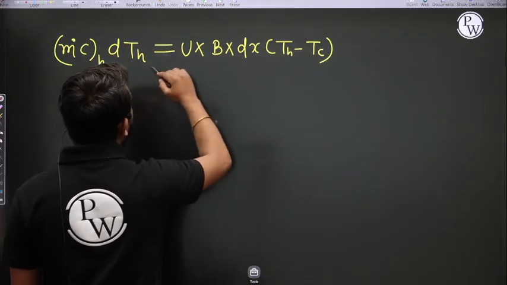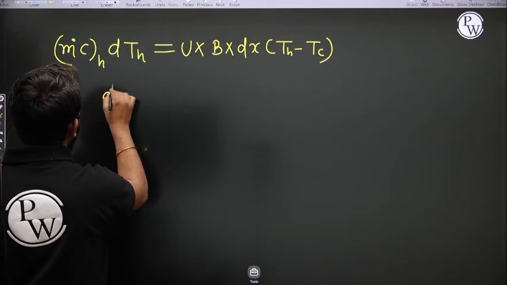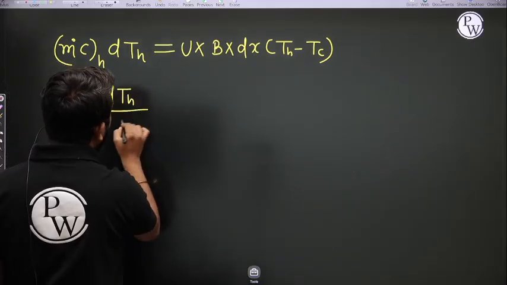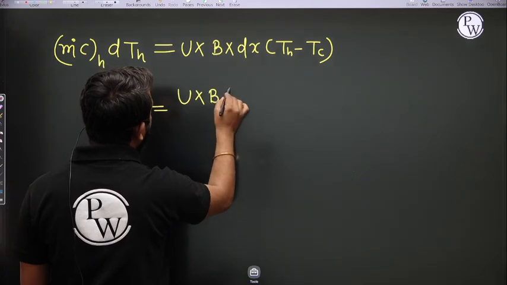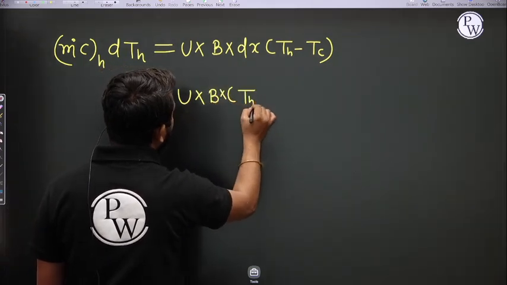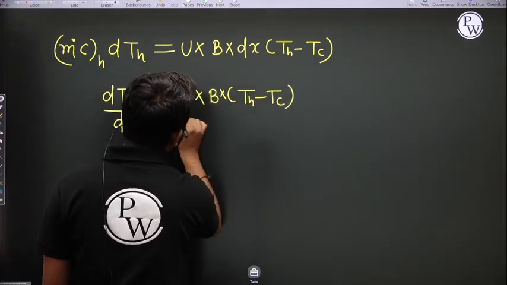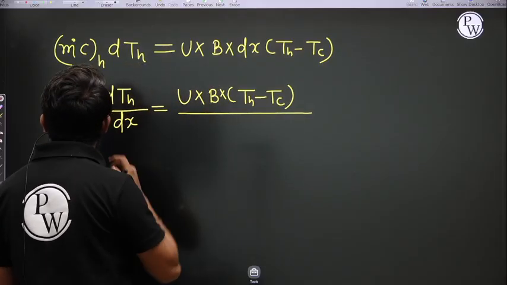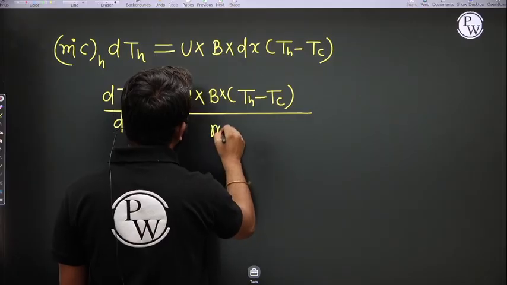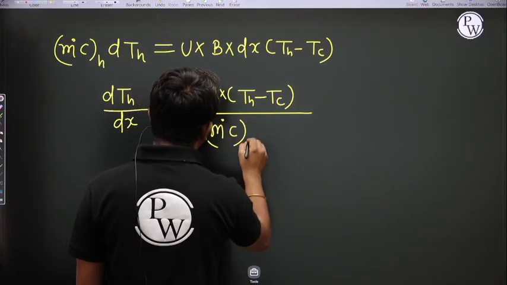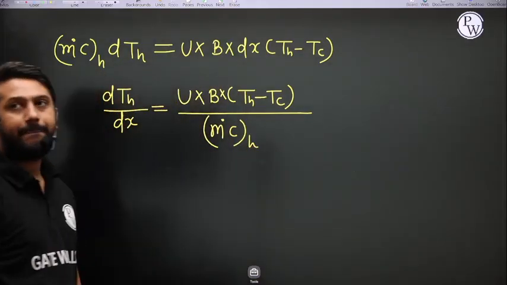Now see here, dTh by dx is equal to U into b into Th minus Tc divided by m dot c of hot fluid, right?